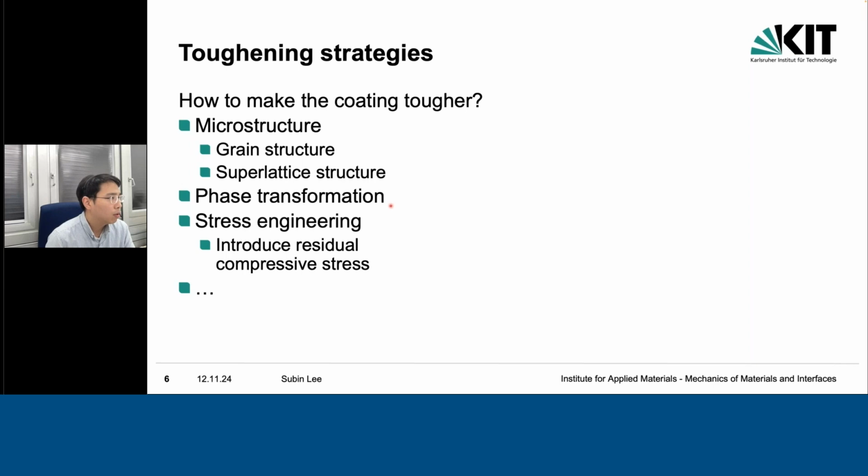Or people have tried to introduce some secondary phases which will be transformed to another phase, which will of course absorb more energy. Or introducing some residual stress inside the coating is also one of the very popular approaches to improve the fracture toughness.